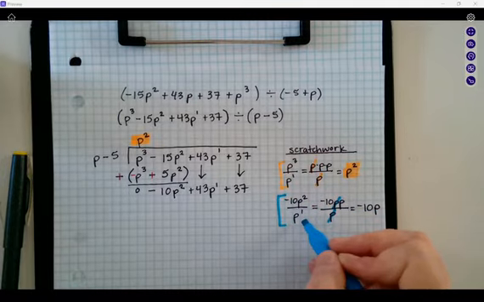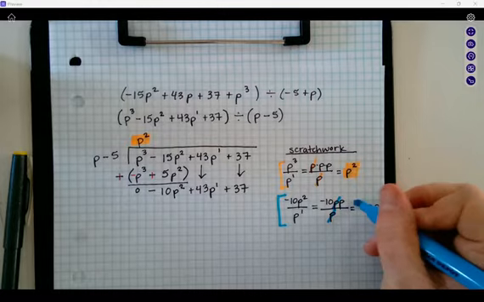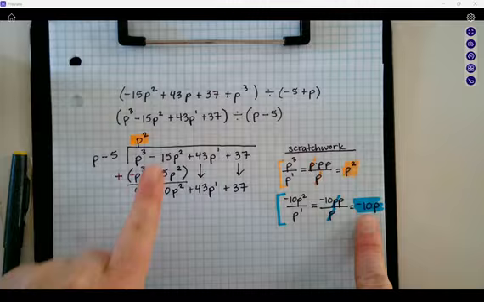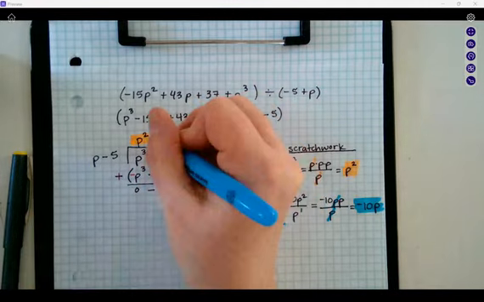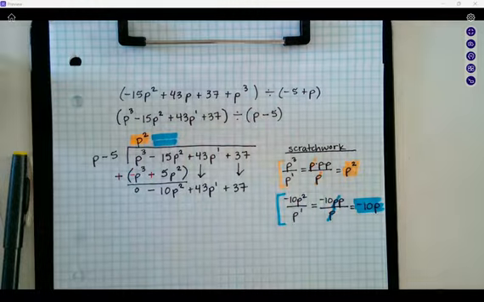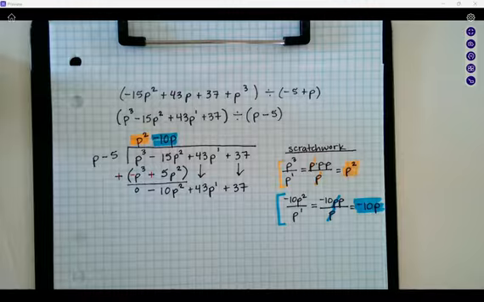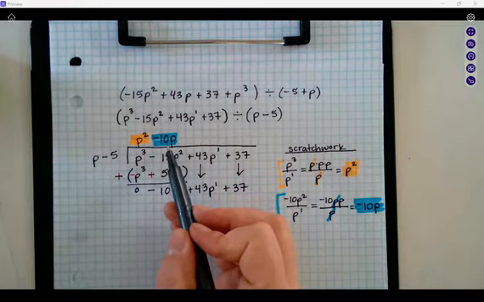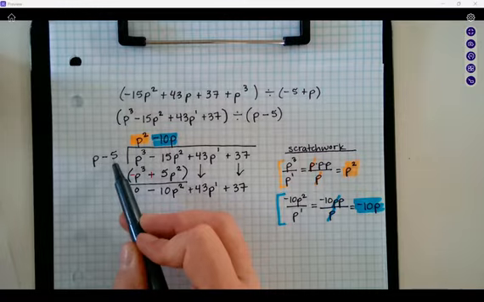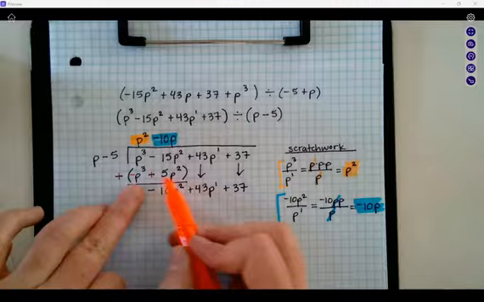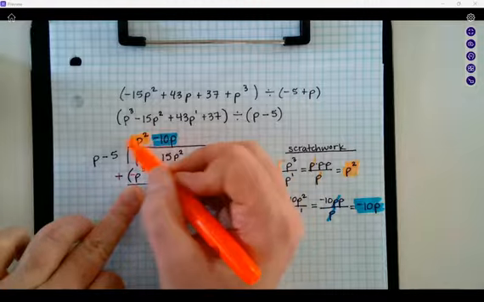Now this work here, that's one way we can prove what that second term of our quotient is. I'm going to take that second term of our quotient and place it up here. And now I am going to distribute that negative 10p across the divisor. I'm going to pause because I didn't realize I did not highlight the terms that came about after I had distributed my first term of the quotient.